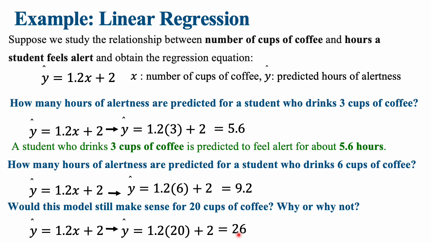Does this make sense, guys? Would a student feel alert for 26 hours? No, that's not going to happen. We only have 24 hours in a day. So be very careful with the equation of linear regression. That's a limitation of the equation of linear regression.